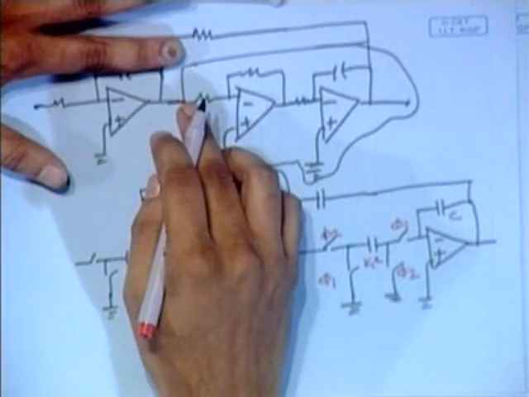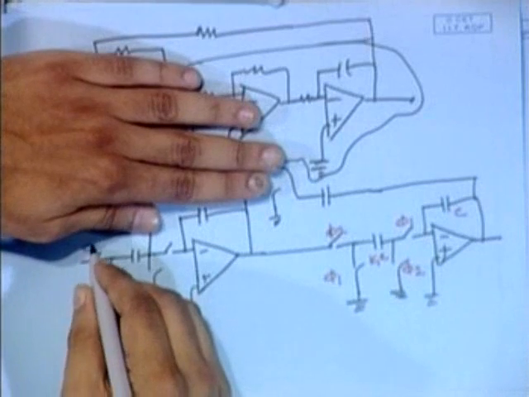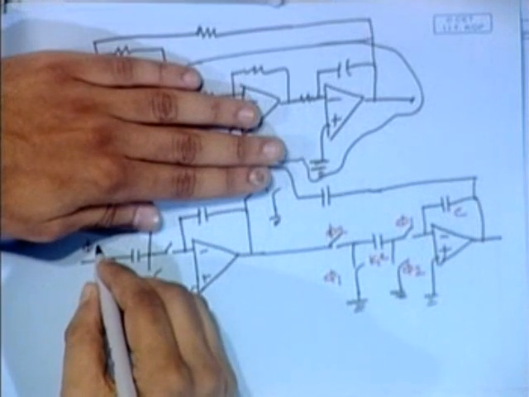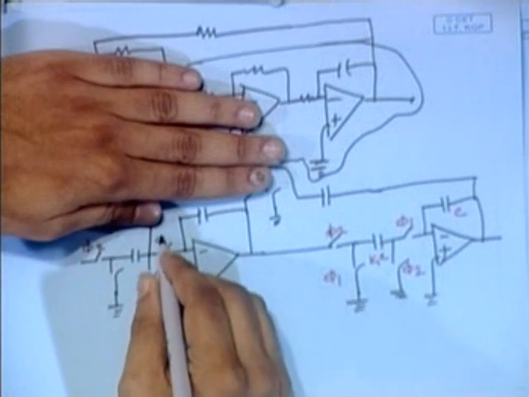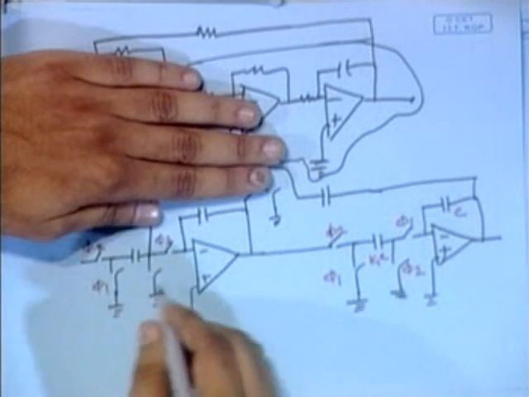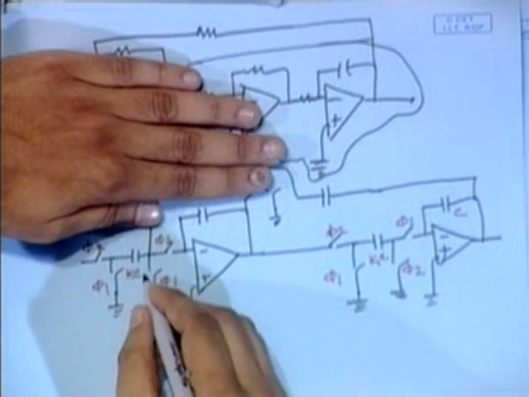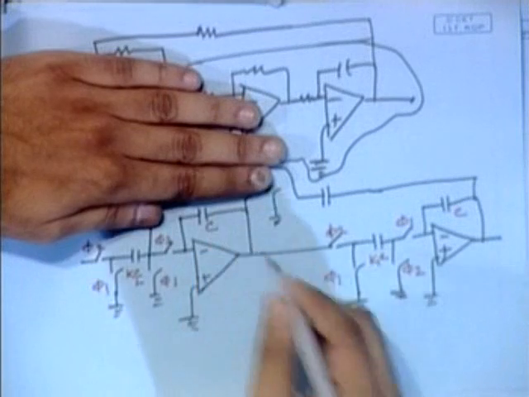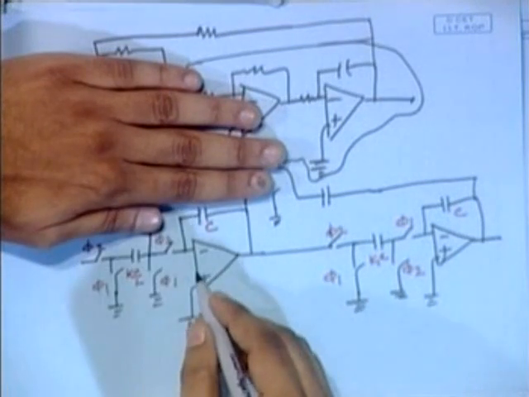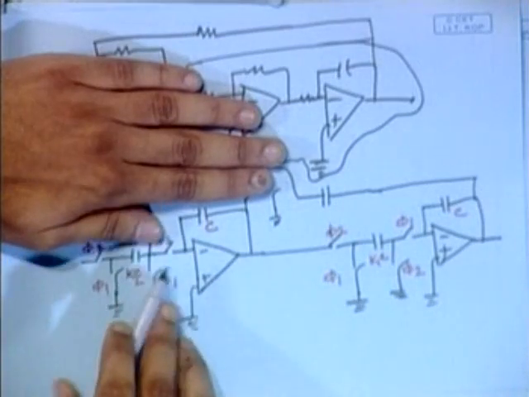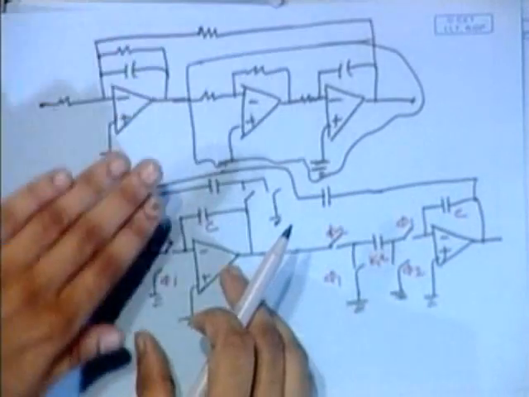Okay, so what we are doing, we are making this one as phi 2, phi 2, phi 1, phi 1, K to C, C. Is it clear? This is inverting integrator, this is non-inverting integrator. Okay, now this is a feedback.